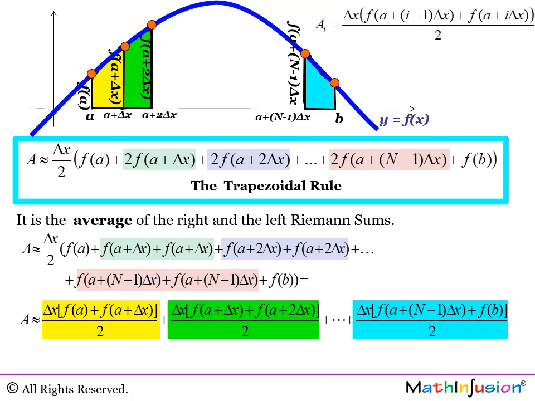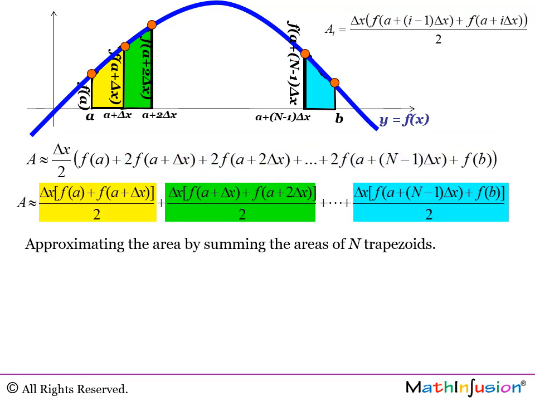The area of each one of the trapezoids is delta x over 2 times the sum of the bases, which is always f(a plus (i minus 1) delta x) plus f(a plus i delta x). It means that this is really approximating the area by summing the areas of n trapezoids.